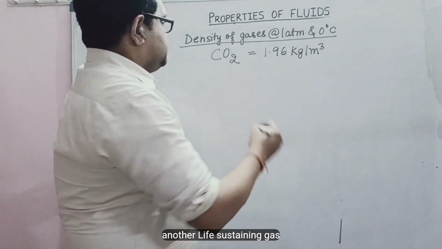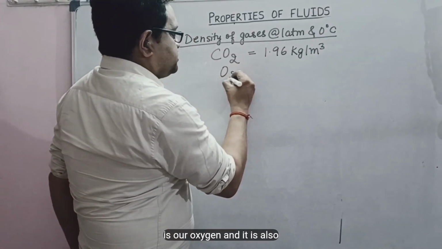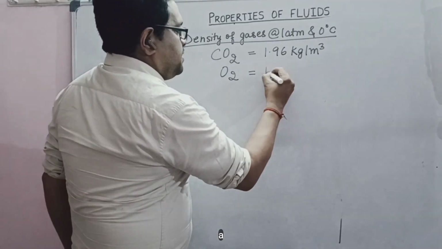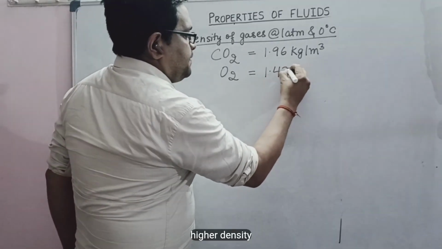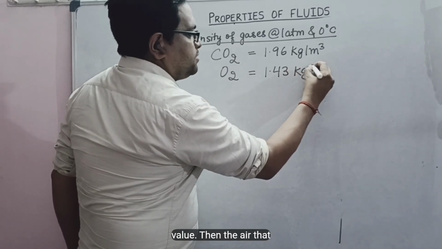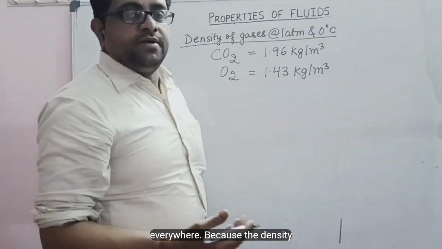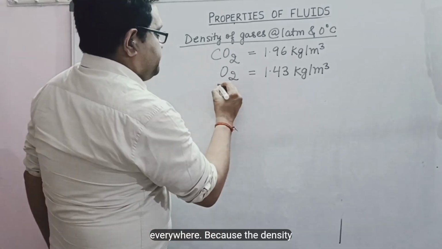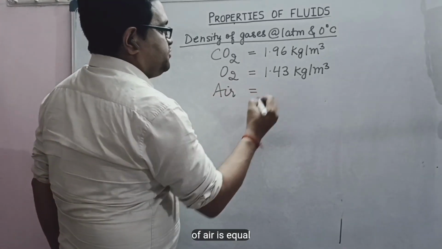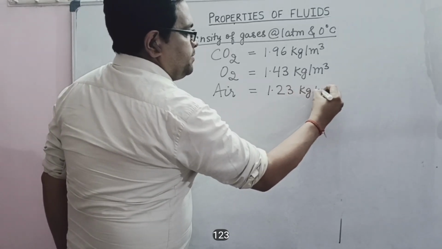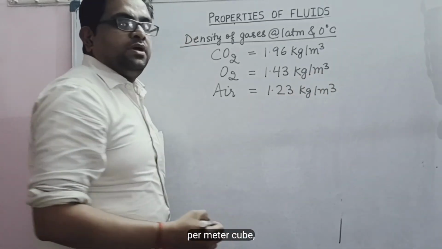Another life-sustaining gas is oxygen, and it also has a relatively higher density value than the air that is everywhere, because the density of air is equal to 1.23 kg per meter cube.